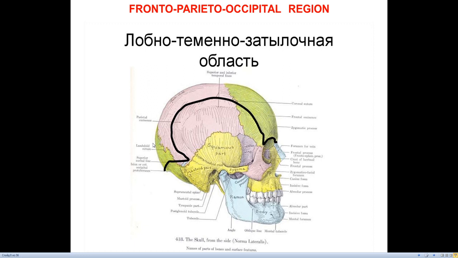To the lateral sides, the galea aponeurotica decreases in thickness and continues into the superficial fascia of the temporal region.